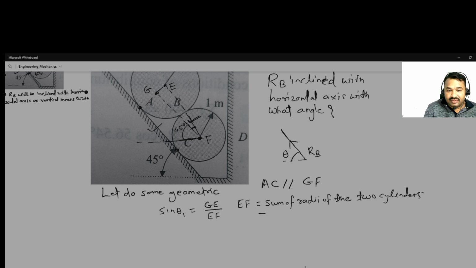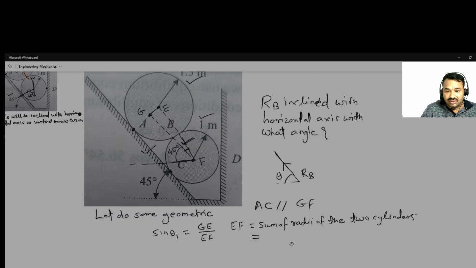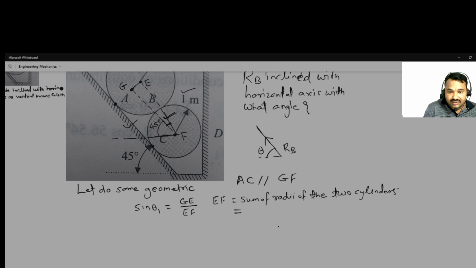The radius of the first cylinder is 1.5, and 1 for the lower cylinder, so 1.5 plus 1 is equal to 2.5.